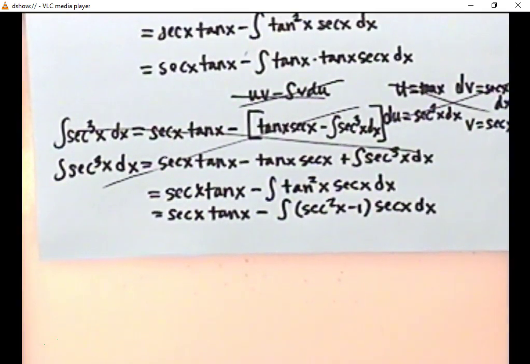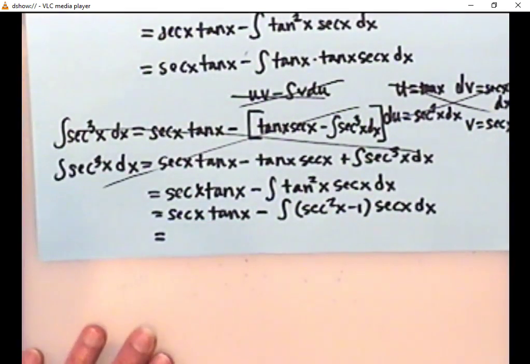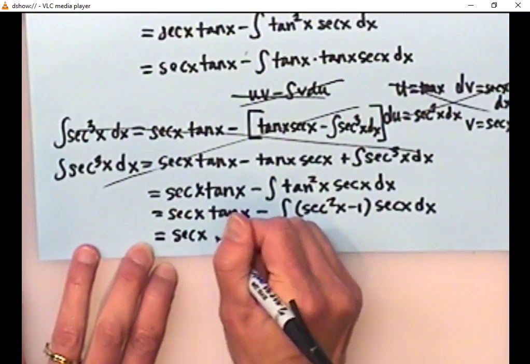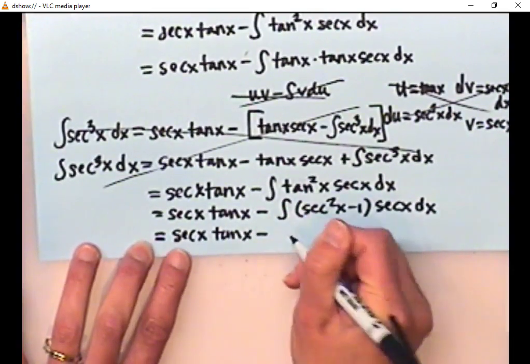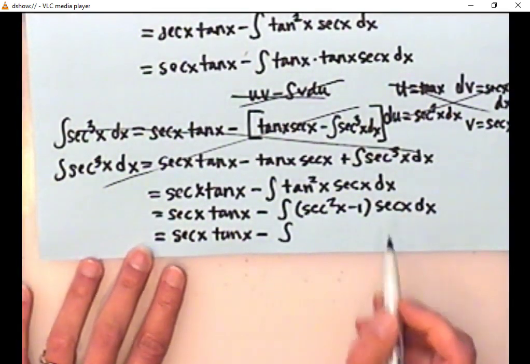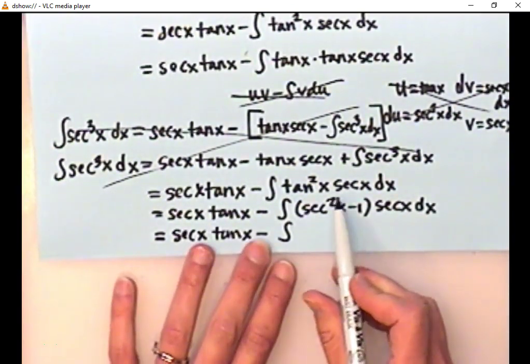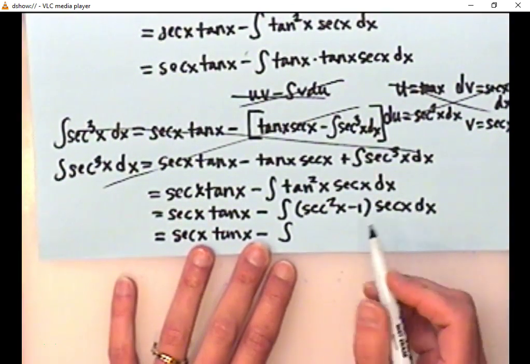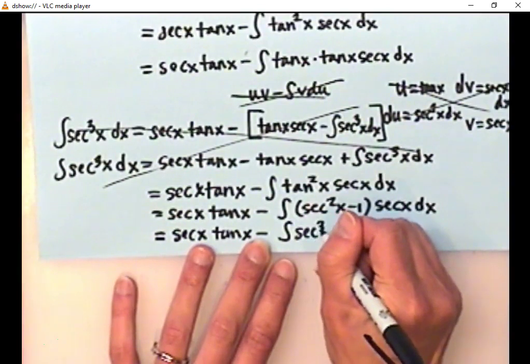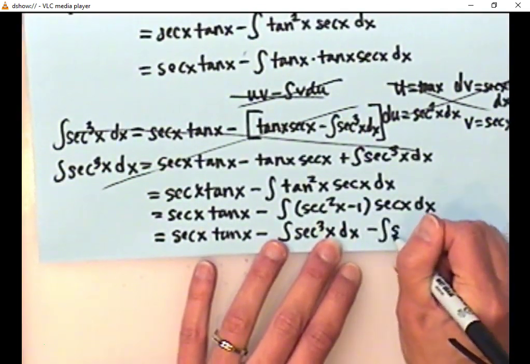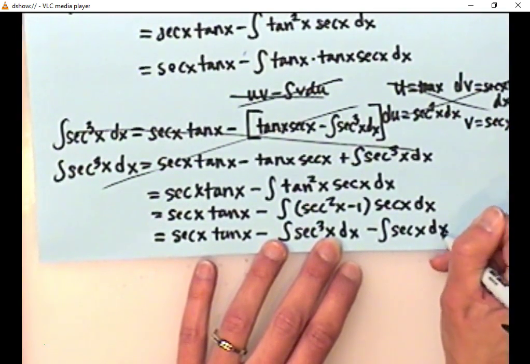So the parts didn't work. What about an identity? So if I distribute that through, let's see what we get. So I get the integral of, what am I going to get if I distribute this through? Secant to the third x dx minus a secant of x dx, right?